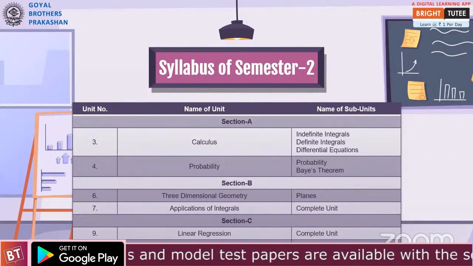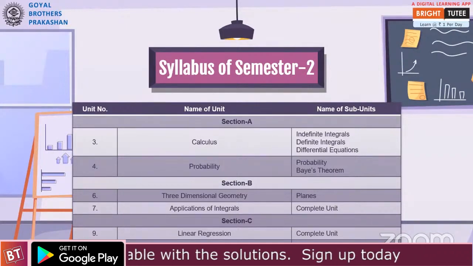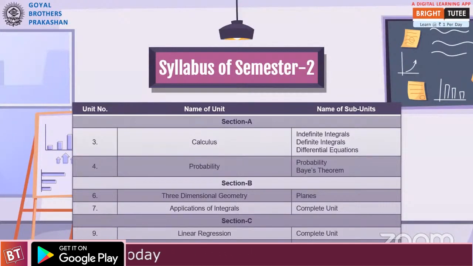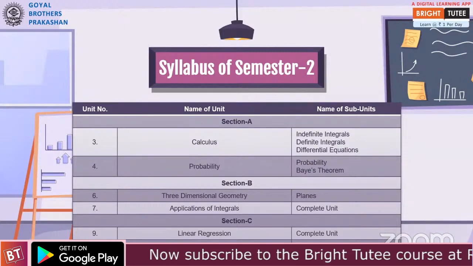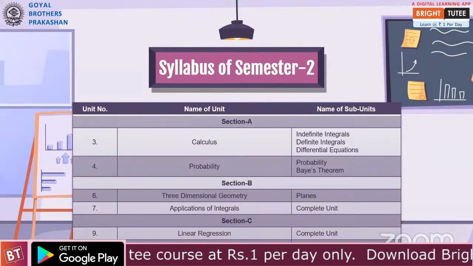In section A, we have 2 units, calculus and probability. Under calculus, we have indefinite integrals, definite integrals, and differential equations. Under probability, we have probability, which has been continued from grade 11, and then Bayes theorem.